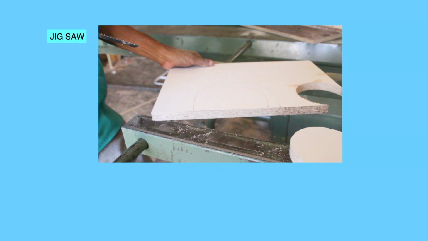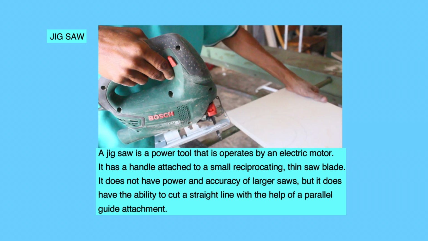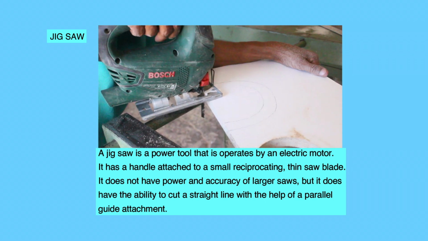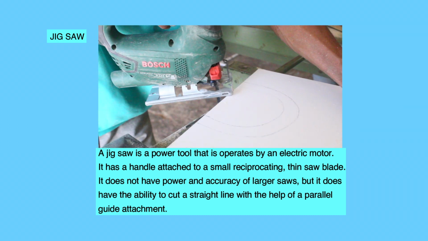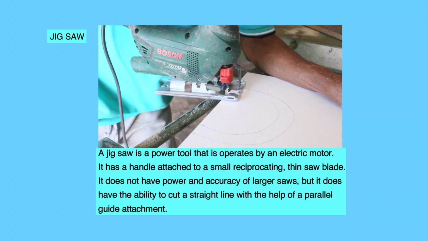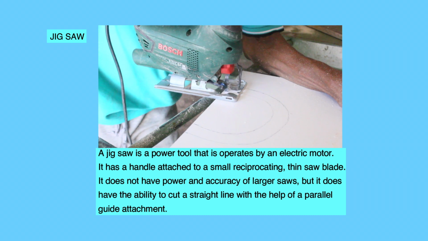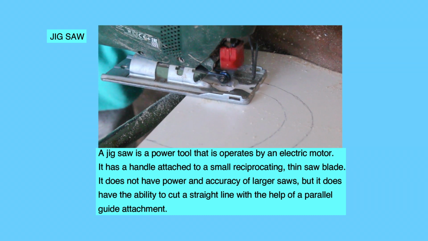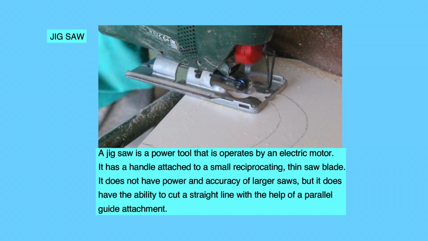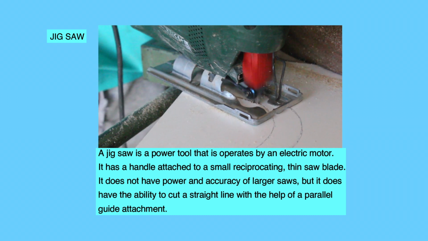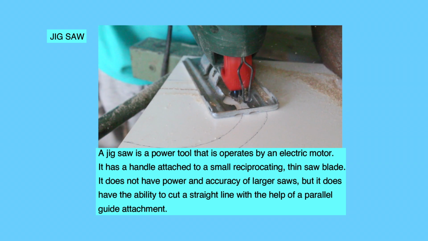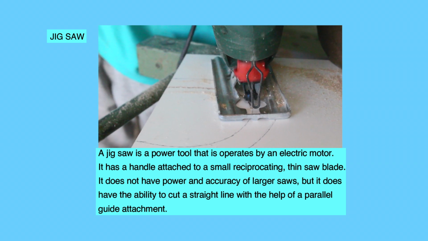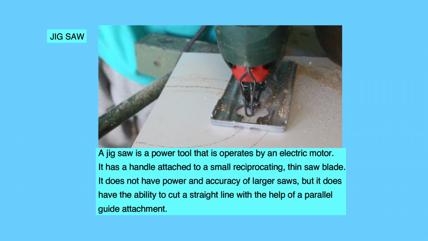Jigsaw. A jigsaw is a power tool that operates by an electric motor. It has a handle attached to a small reciprocating thin saw blade. It does not have the power and accuracy of larger saws, but it does have the ability to cut a straight line with the help of a parallel guide attachment.